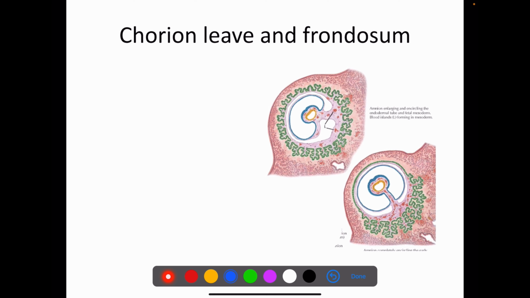So understand, these are finger-like projections, initially all over, but only in the basal aspect will they remain to form chorion frondosum, and in the capsular aspect they will disappear and form chorion laeve.